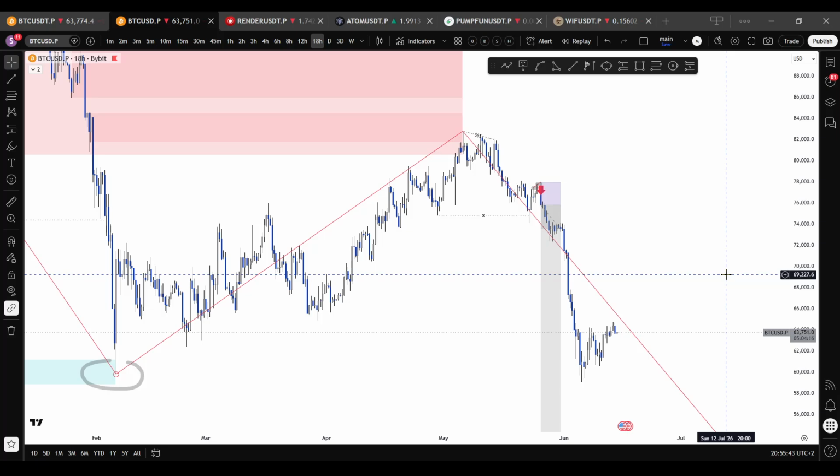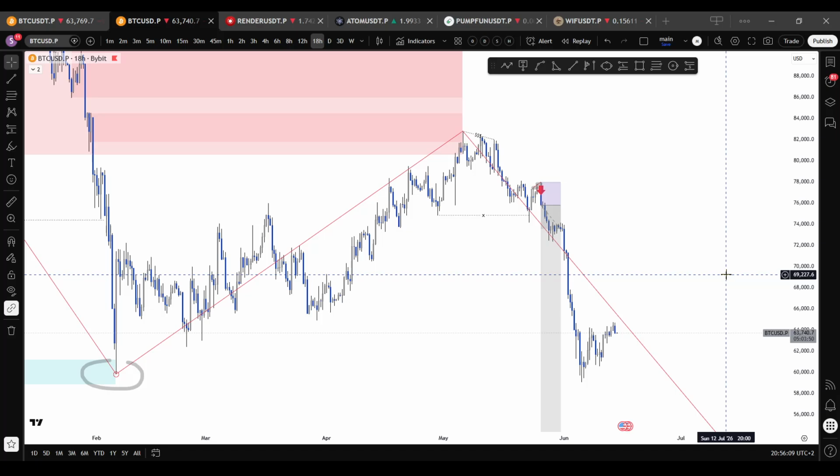I was pre-planning for both sides, but in the end I was hoping more for the bullish scenario. I should have really just traded what the market offered to me, and that was the main mistake that I made.